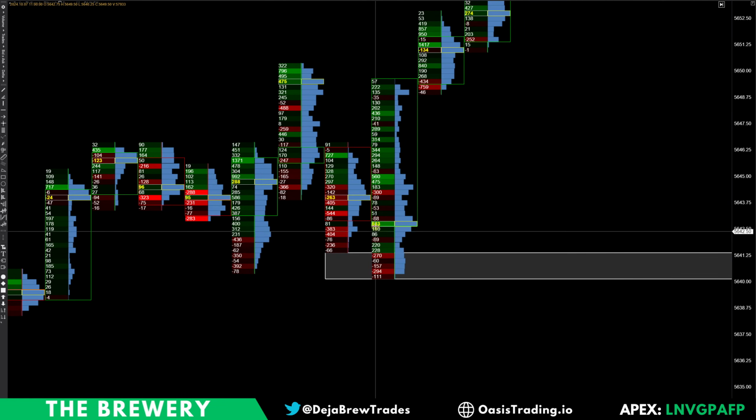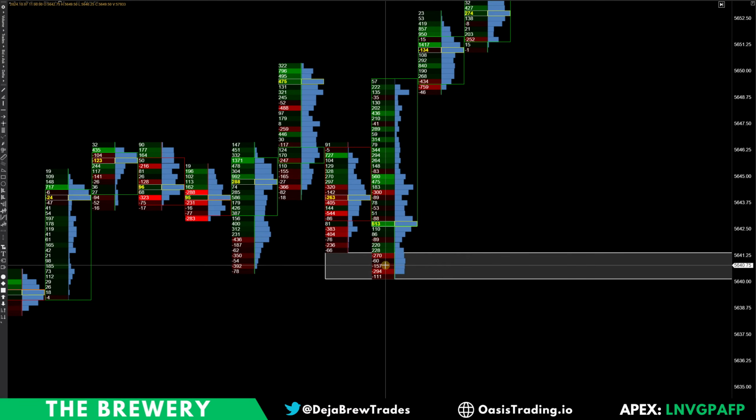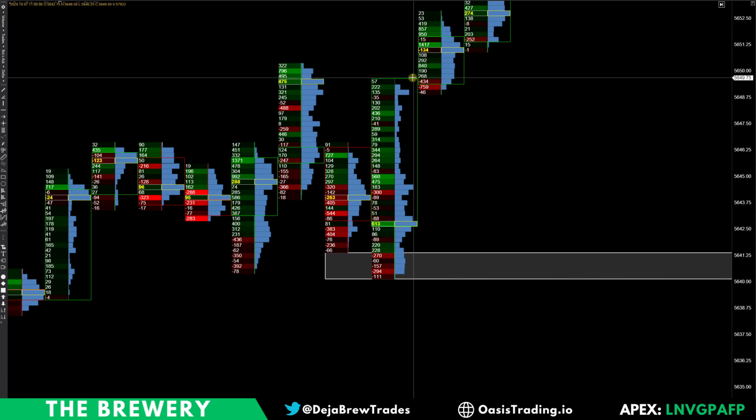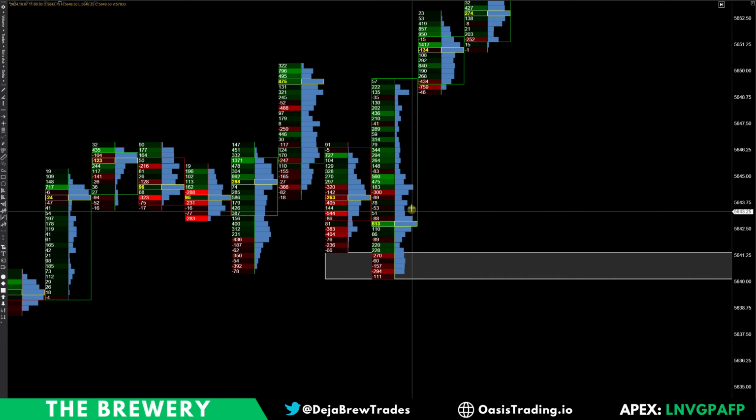This candle right here, that would be considered an initiative candle, a trending candle, because look at how strong that candle is. You started the candle bearishly. You opened up down here. You had bearish delta on the low. You wicked the bearish delta. And then look at the body of that candle. Very strong body candle.